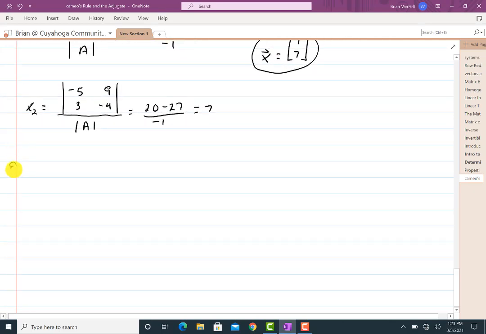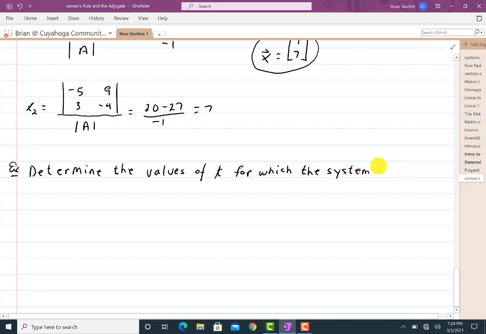Here's a problem that we could have done before this section, although I figure it's not too bad to illustrate the power of determinants for some of these things. So determine the values of t for which the system has a solution.